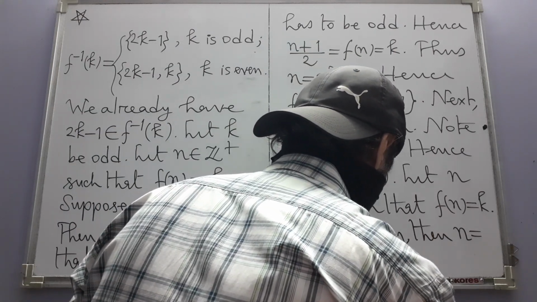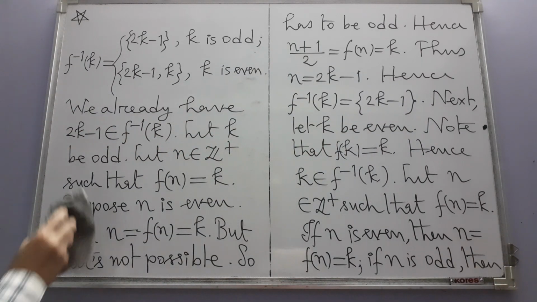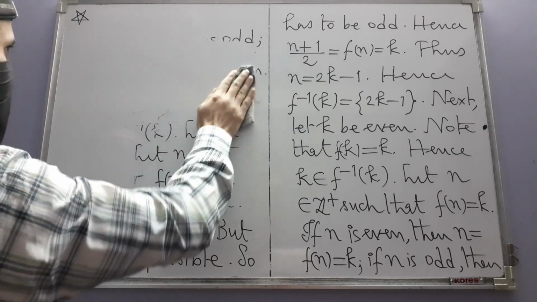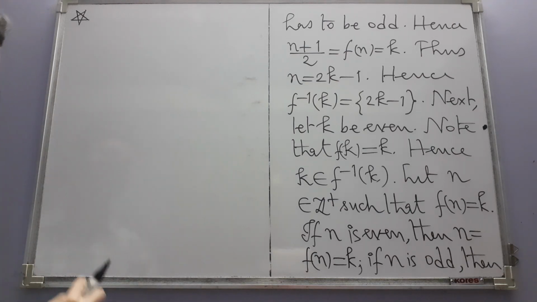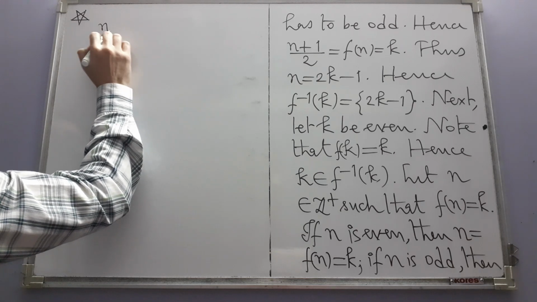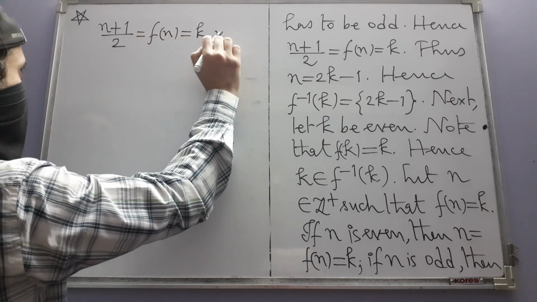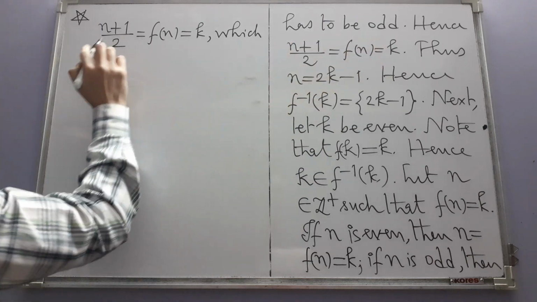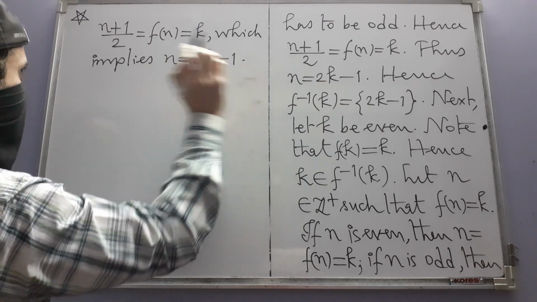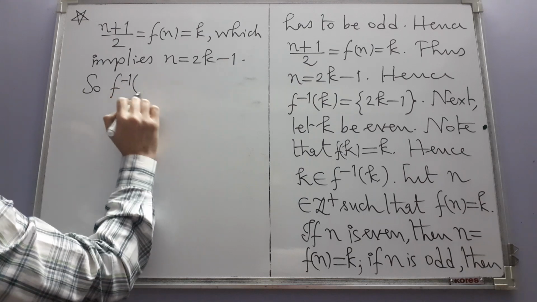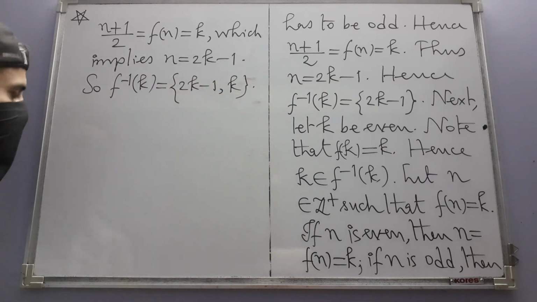But if n is odd, then f of n is n plus 1 divided by 2, which is k, which implies the same thing, that n is 2k minus 1. So in this case, f inverse of k is really this pair set consisting of 2k minus 1 and k.